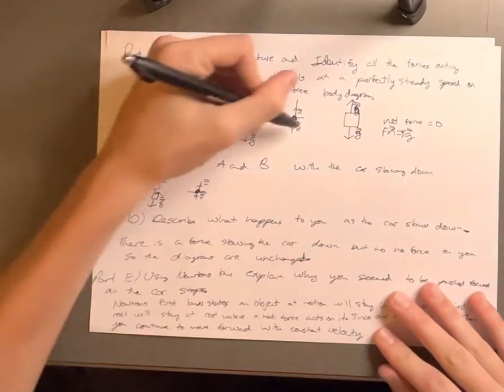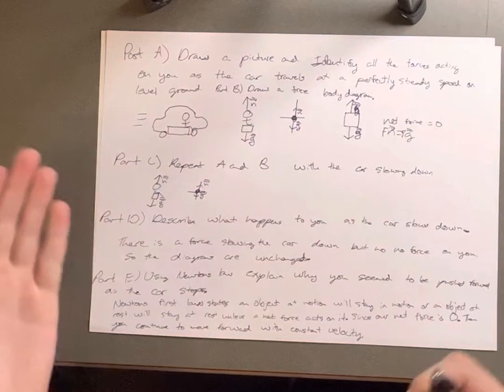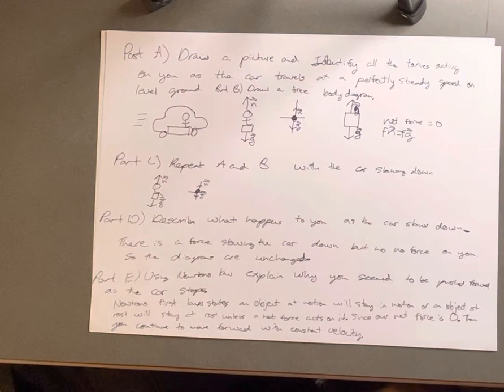So this guy's just going to move forward, and obviously that will change if, let's say, he was wearing a seatbelt, or there's friction on the seat, or he hits the window, or he holds on while he's slowing down, right? But we're assuming none of that happens, so he's just going to keep going in a straight line forever and ever, according to Newton's first law.